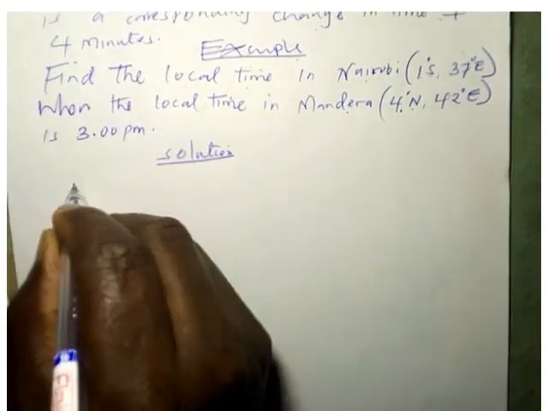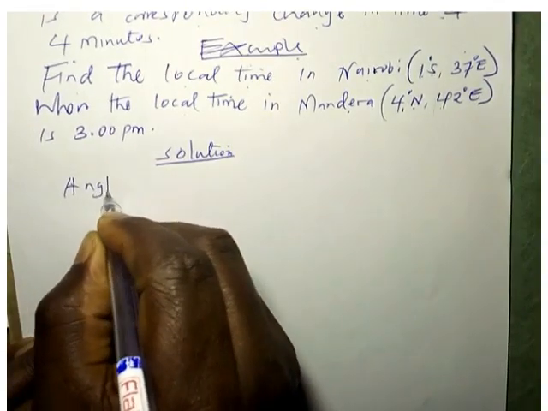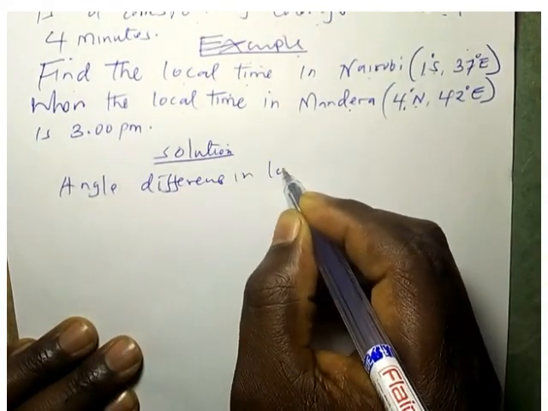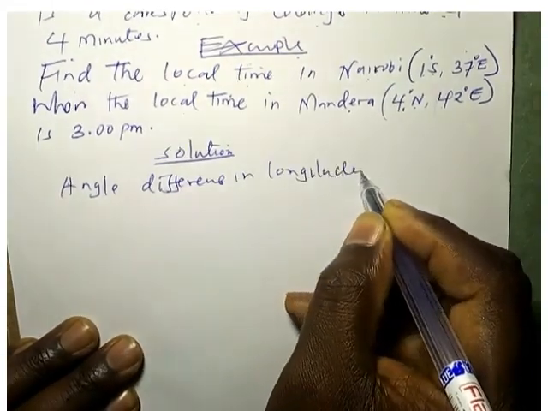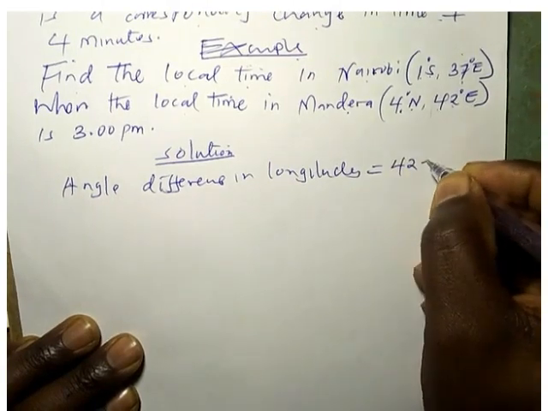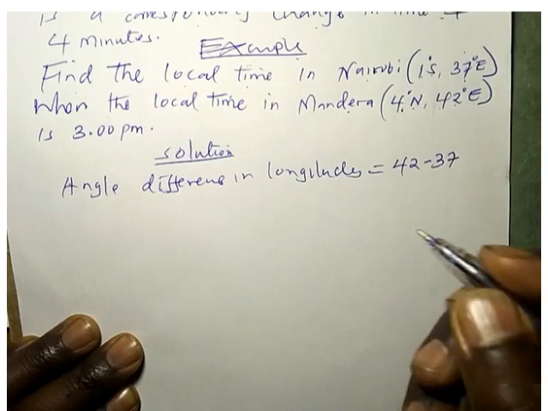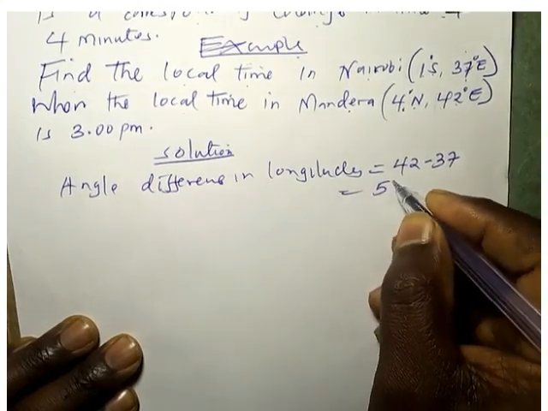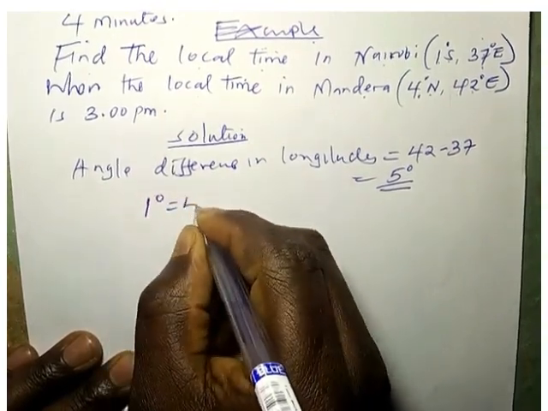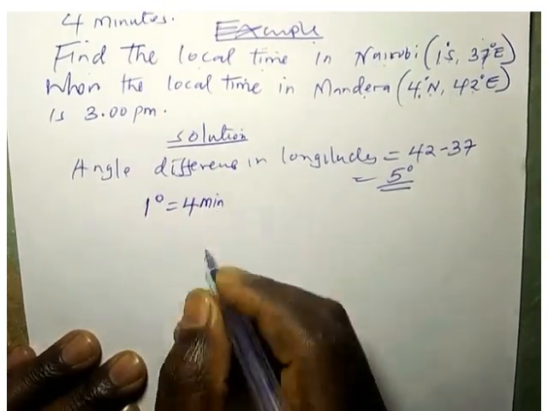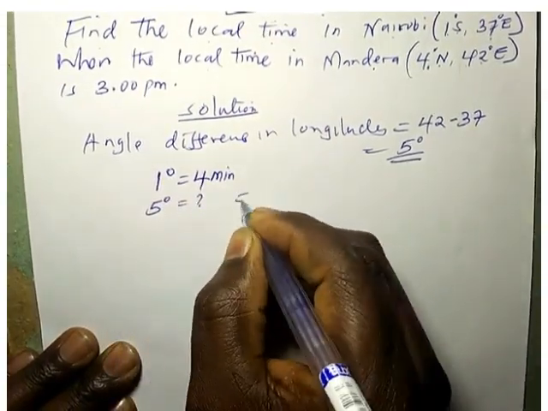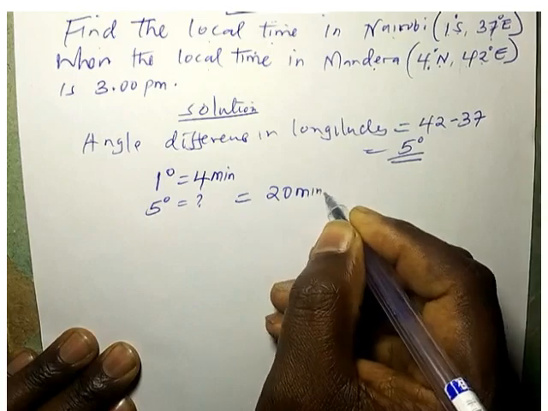So the angle difference in longitude is, as you can see, both east, so it is 42 minus 37, and this gives us 5 degrees. But we know that 1 degree is equal to 4 minutes. So 5 degrees will give us 20 minutes.